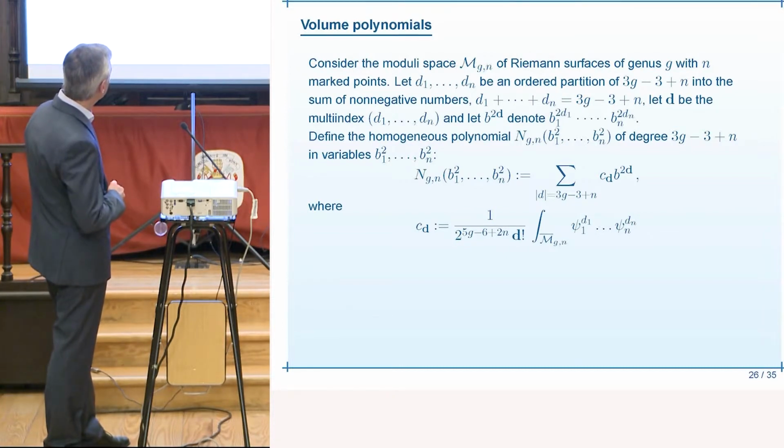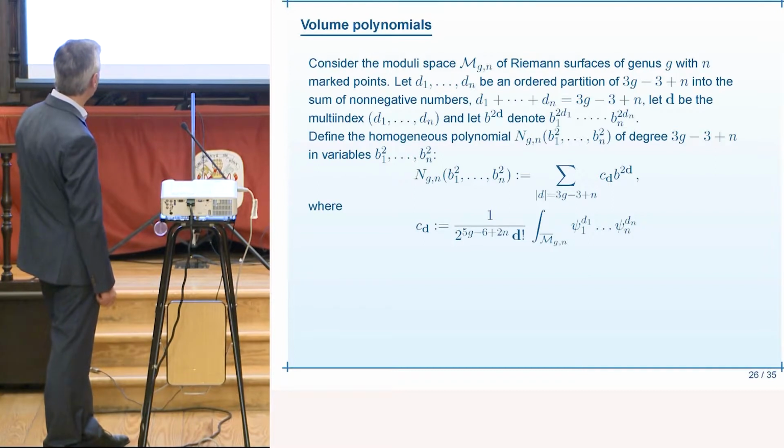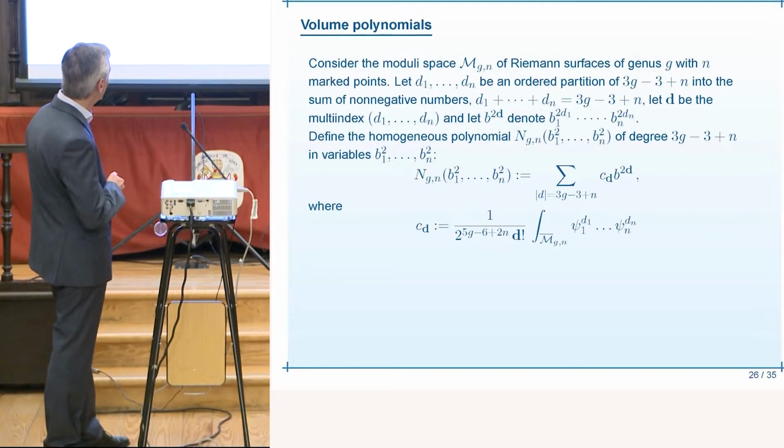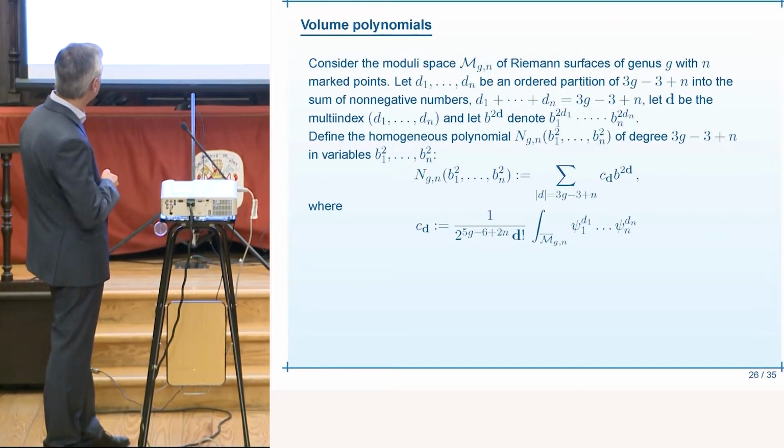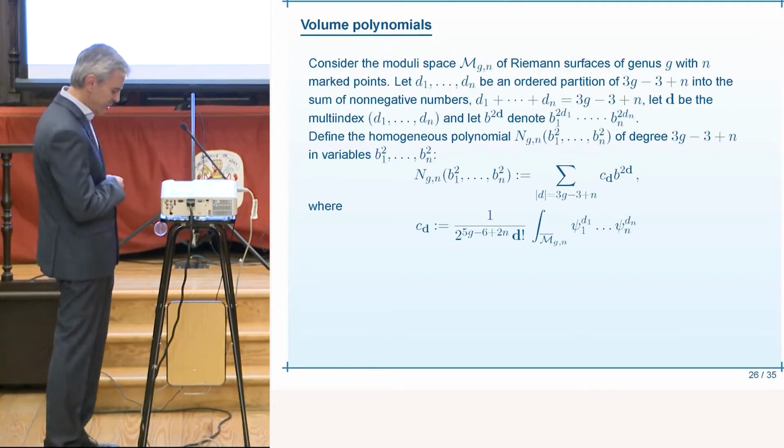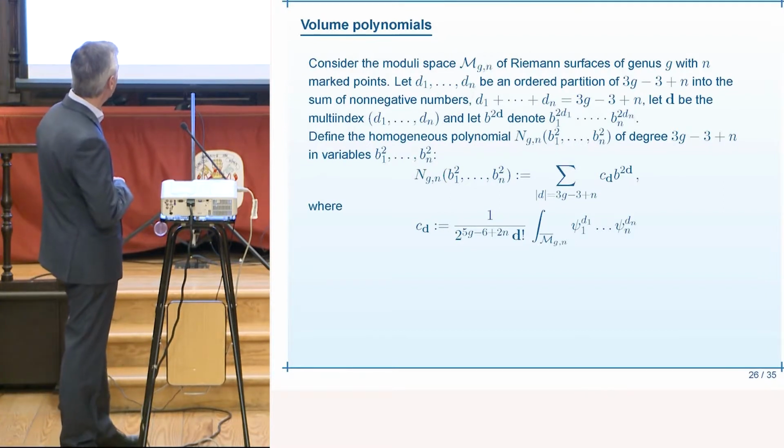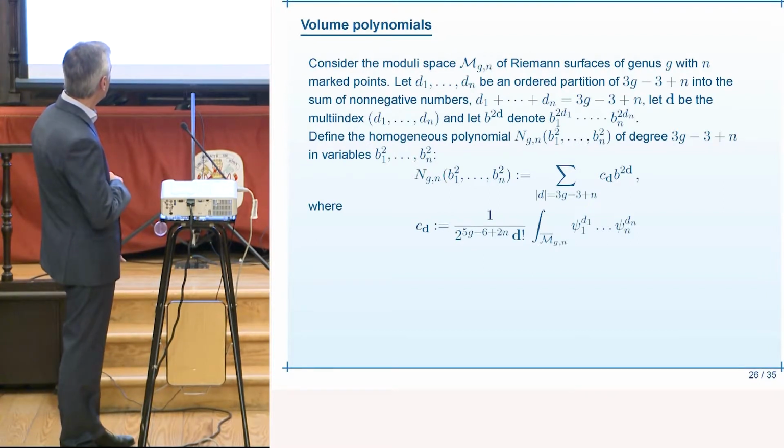So I consider the moduli space M_{g,n} of Riemann surfaces of genus g with n marked points, and I consider any ordered partition of 3g minus 3 plus n, which is the dimension of this space. So I have a partition like this, and then I define a polynomial in n variables, b1, etc., bn, which would be a polynomial actually in squares of these variables, in the following way.